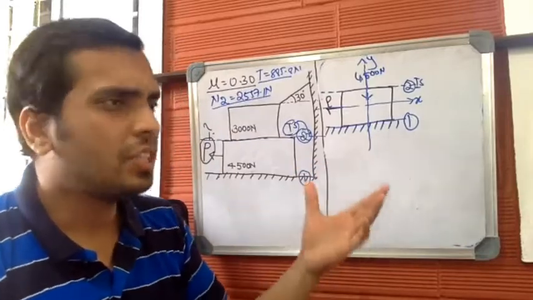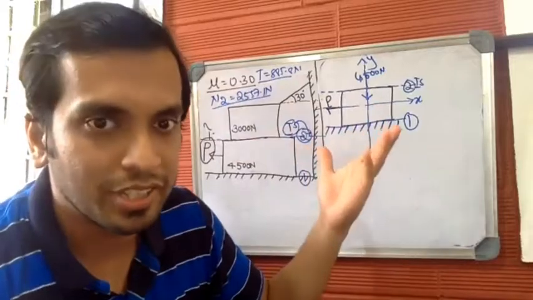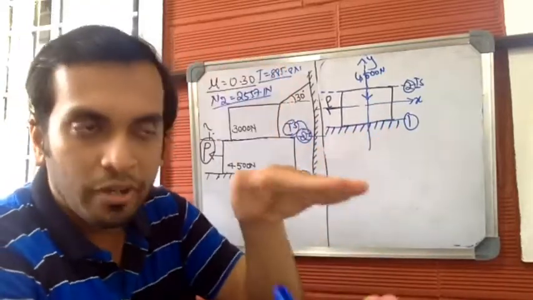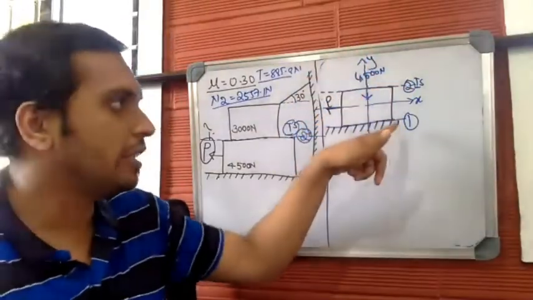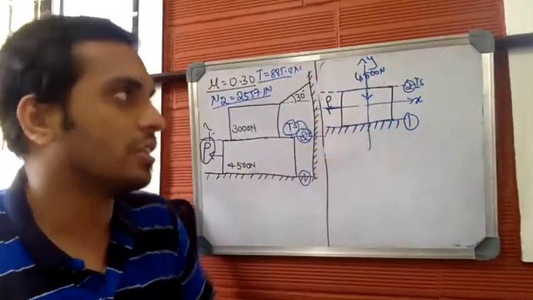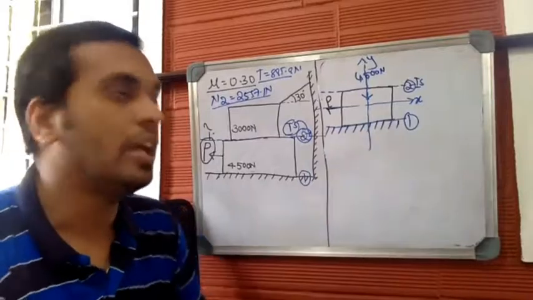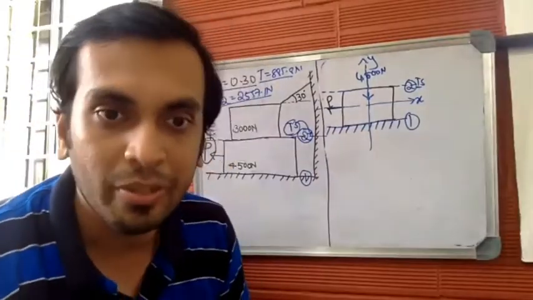Normal reaction will be offered by both the surfaces here because the lower body is sandwiched between two surfaces. The upper surface is the imaginary surface and the lower surface is the given horizontal surface, surface number 2 and surface number 1. Both the surfaces will offer normal reaction.